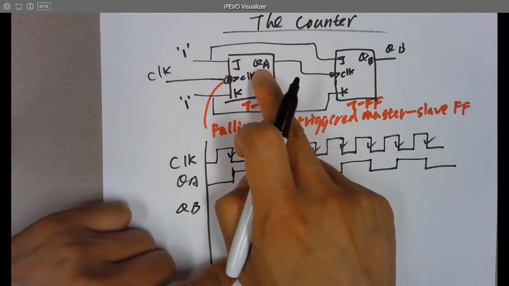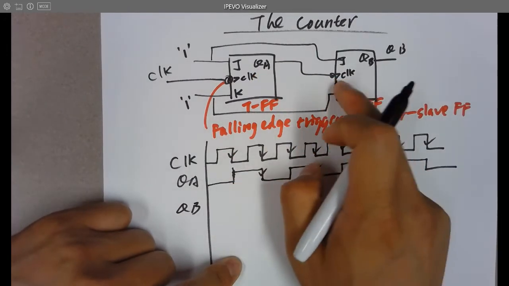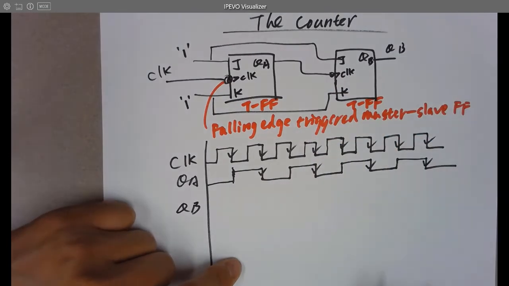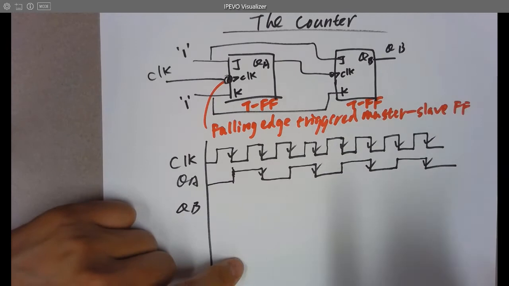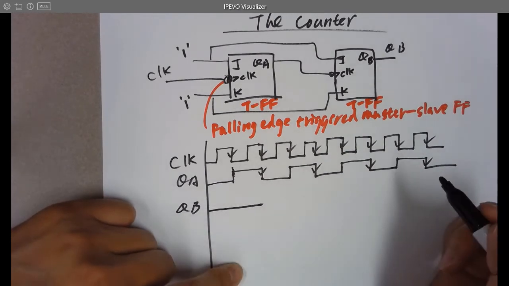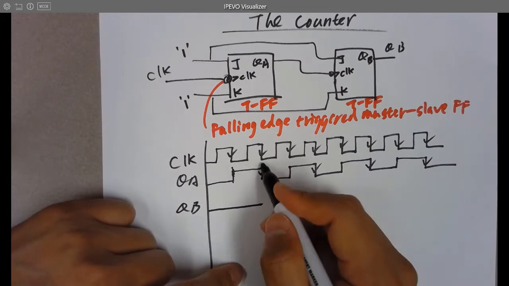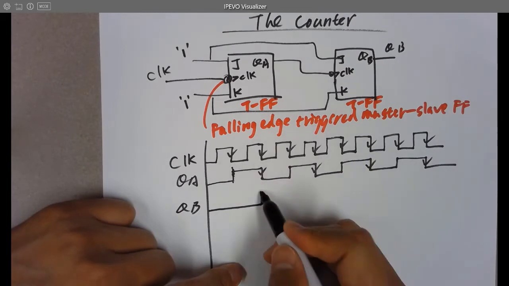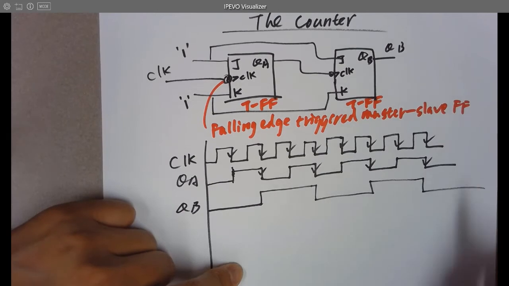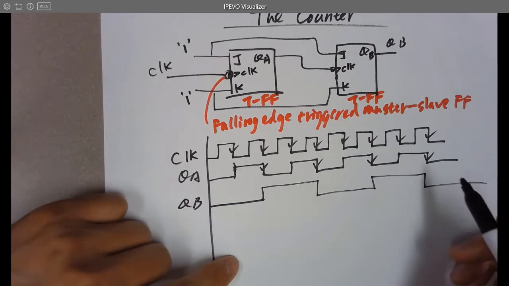QA is actually connected to the clock input for QB. So now QA is a clock for QB, but with a slower frequency. QB in the beginning is 0 because nothing has been applied to QB until the first falling edge. Then it's going to be toggled, and toggled again.